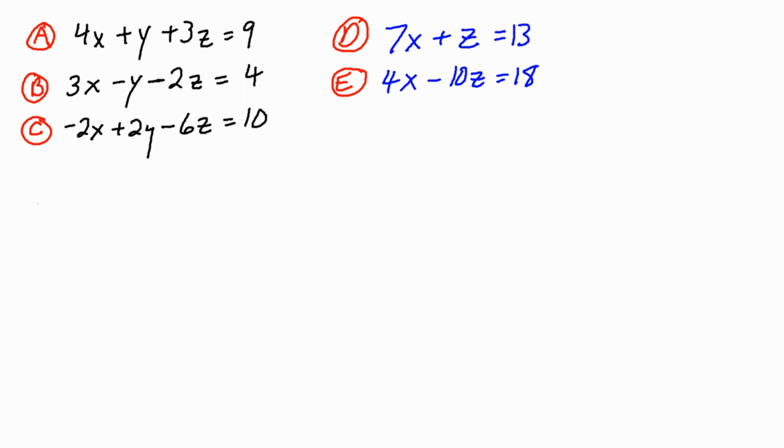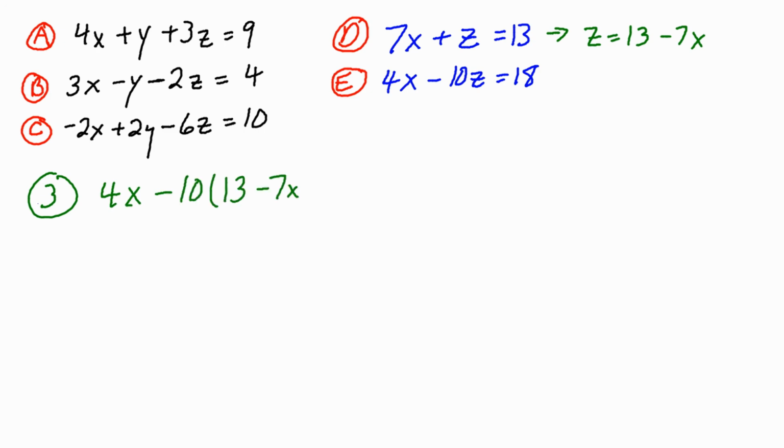Looking at equations D and E, it's going to be easier to eliminate the z than eliminate the x. If I take equation D and solve it for z, z would equal 13 minus 7x. I could substitute that into equation E, which would give me 4x minus 10 times 13 minus 7x, close parentheses, equals 18.